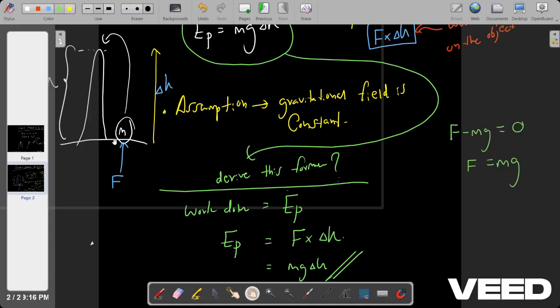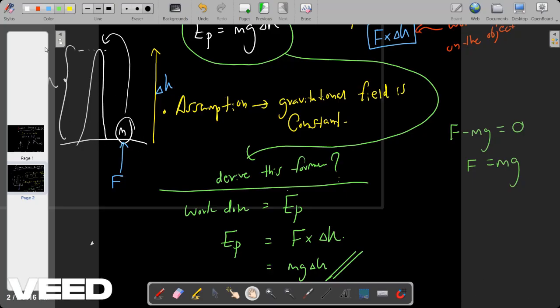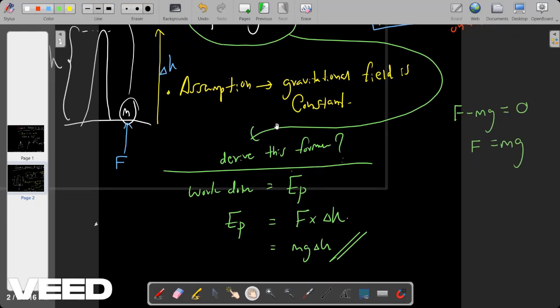Remember, these are only near the Earth's surface, and the distances traveled are very short, right? If you take the object much further, then you will have to derive a different formula. So for different conditions, different formulas must be derived. This is for normal classical physics, Newtonian physics.